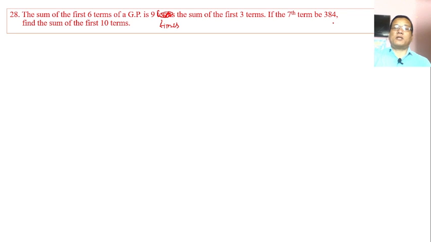If the 7th term be 3/4, find the sum of the first 10 terms.